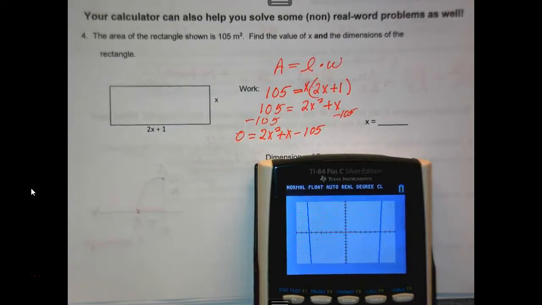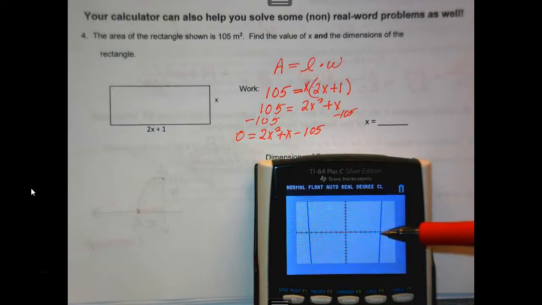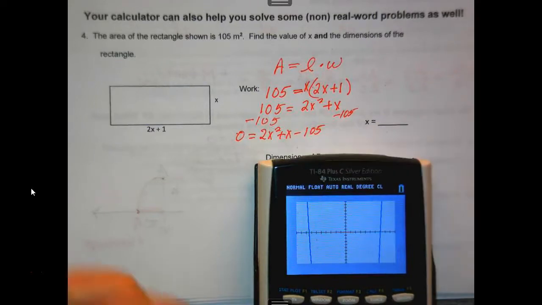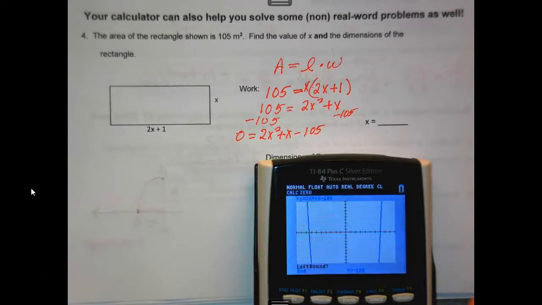Okay, so my x is a distance or a dimension, right? I'm not going to choose negative. My x has to be positive, so I'm going to grab this intercept here. That's going to tell me what my x is, because my y has got to be 0. Okay, so I'm going to go to second, trace, calculate zero. Left bound.